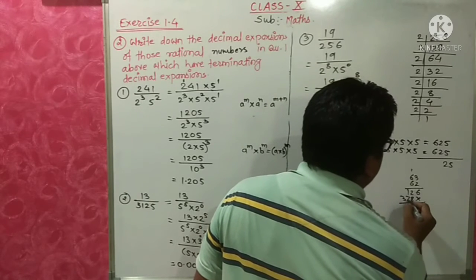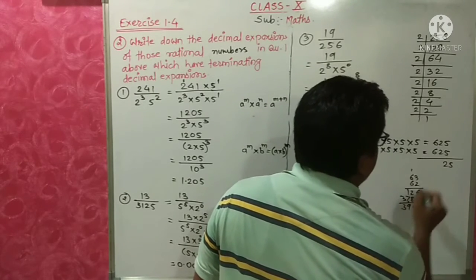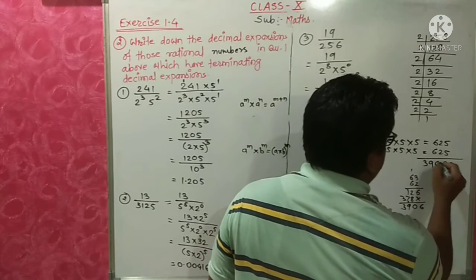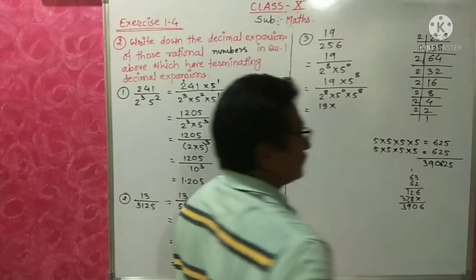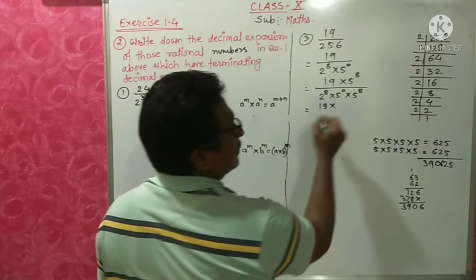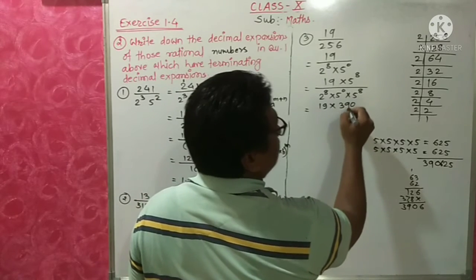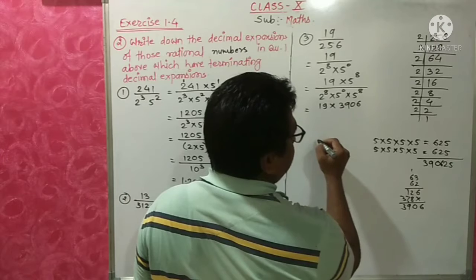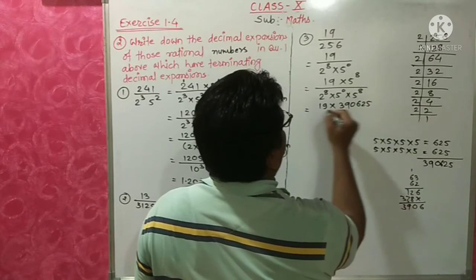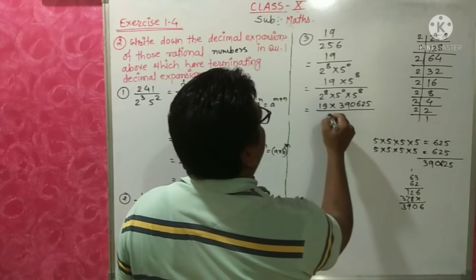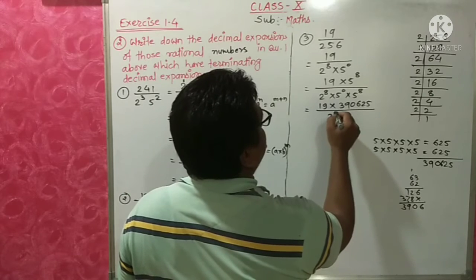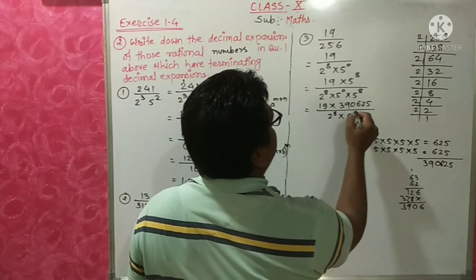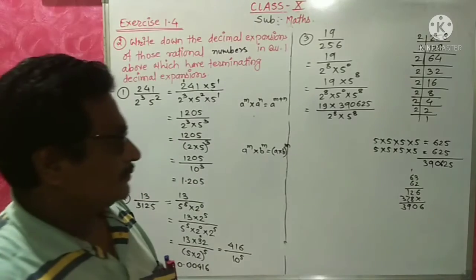So 3, 9, 0, 6, 2, 5. So this is the number: 390625 by 2 raised to the power 8 into 5 raised to the power 8.